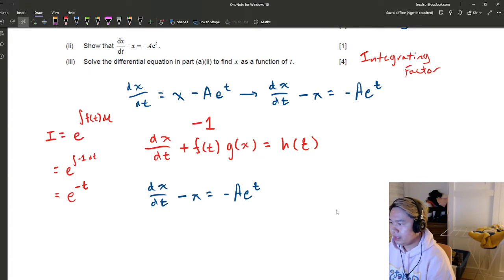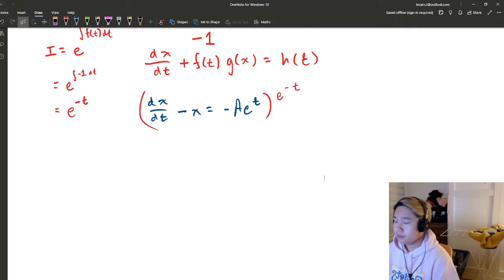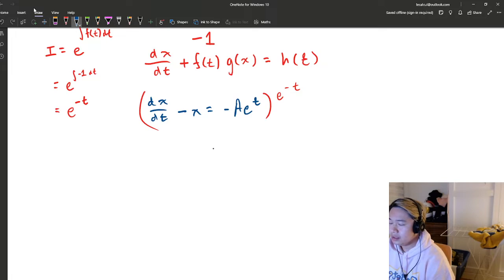Okay, and then what we do is we multiply everything by the integrating factor. And then more specifically, we know that on the right side, these are going to cancel out, so you get -a.